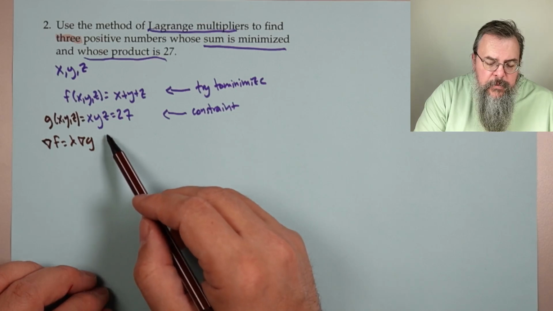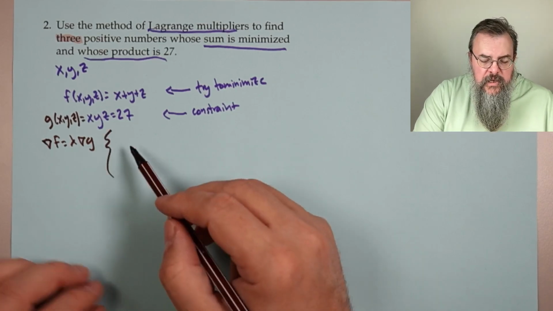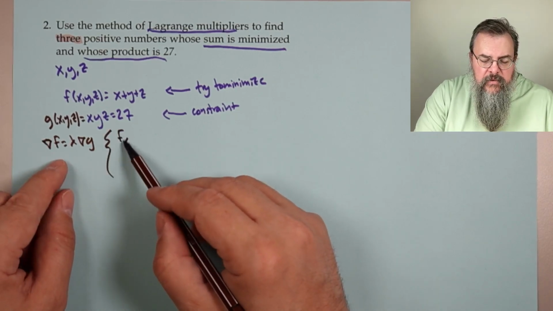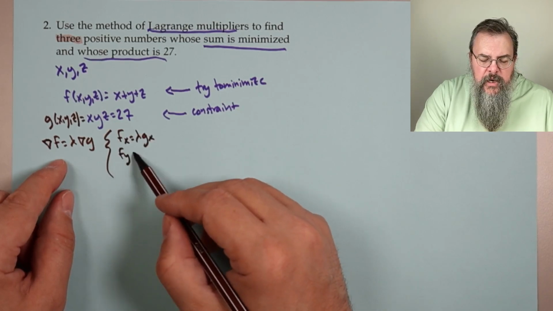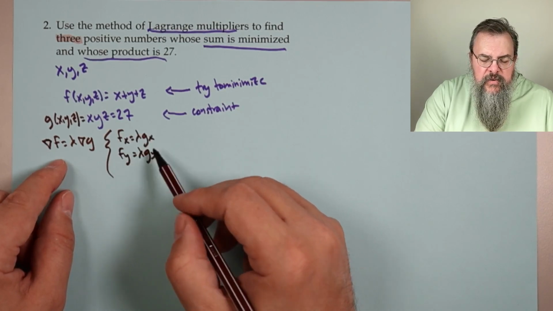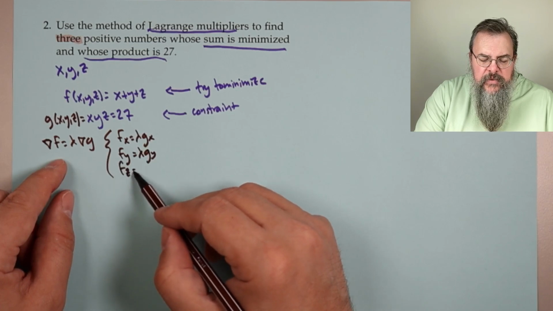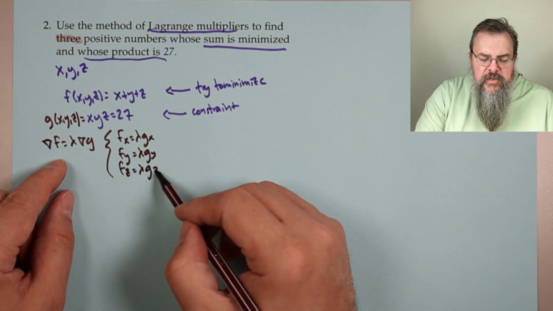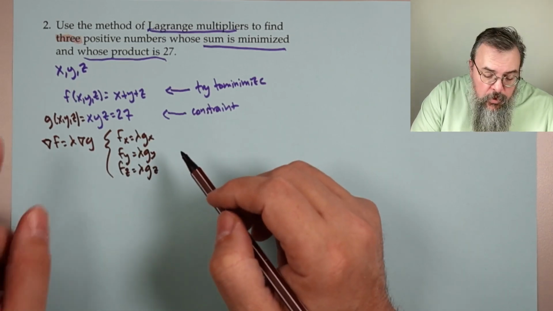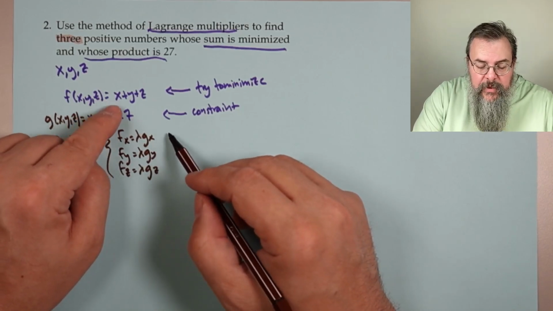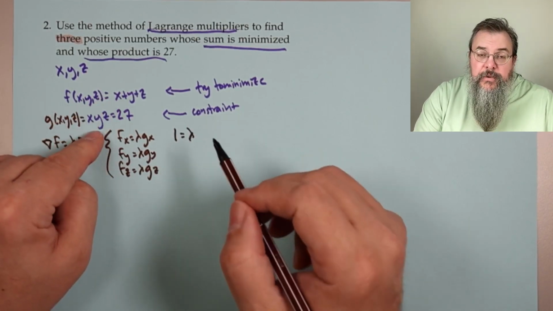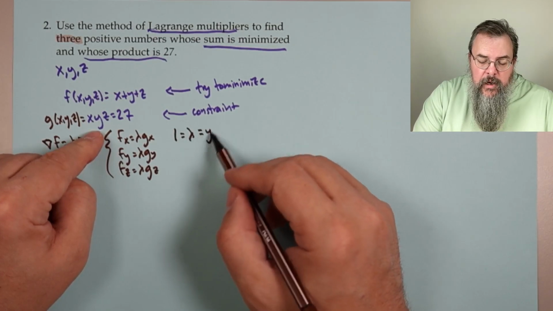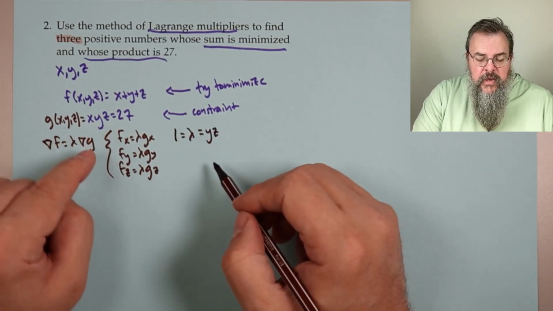And this really will become three equations. So you have your f sub x is lambda g sub x, your f sub y is lambda g sub y, and your f sub z is lambda g sub z. Or, working it through, f sub x is 1. That's equal to lambda times the derivative of g with respect to x, which is y times z.